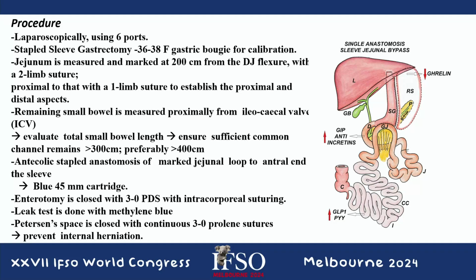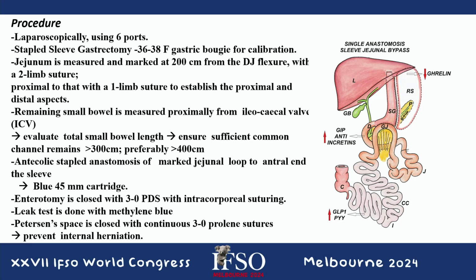Now in the procedure, we use 6 ports laparoscopically, staple sleeve with a 36 French gastric bougie. The jejunum is measured and marked at 100 or 150 or 200 centimeters with 2 limb sutures, depending on the total length of the bowel. Small bowel is measured proximally from ileocecal valve.